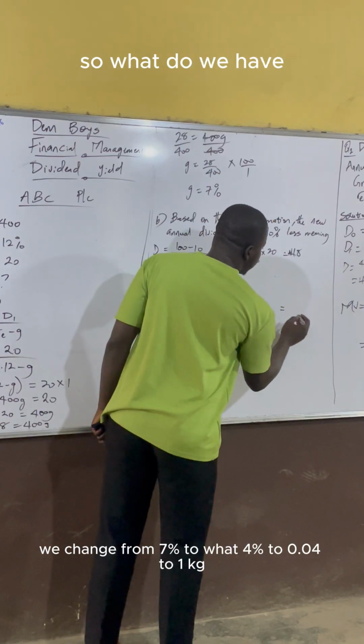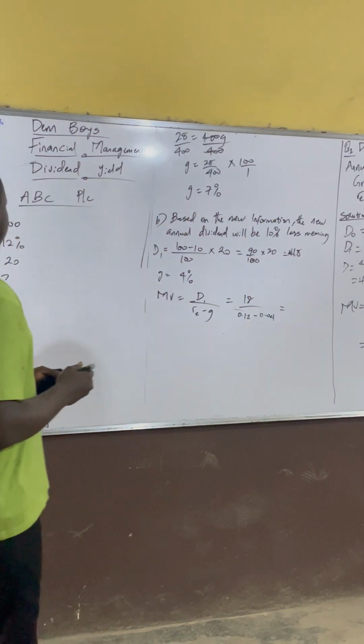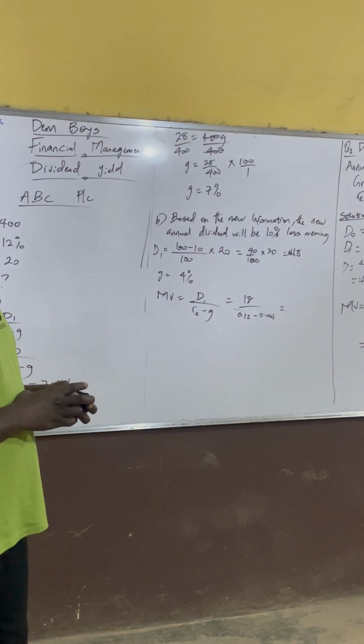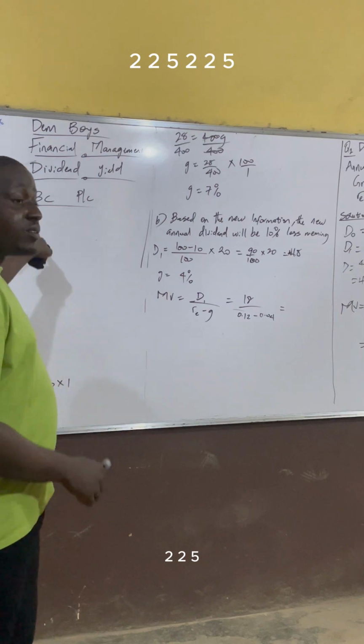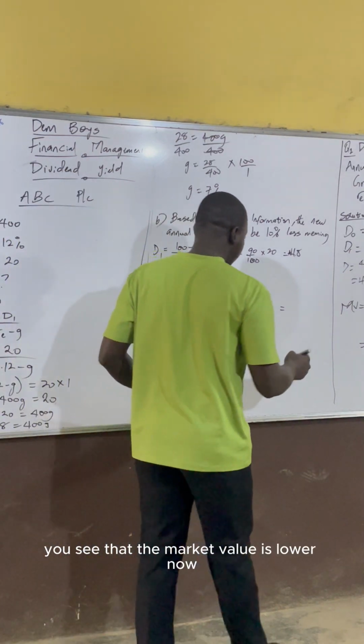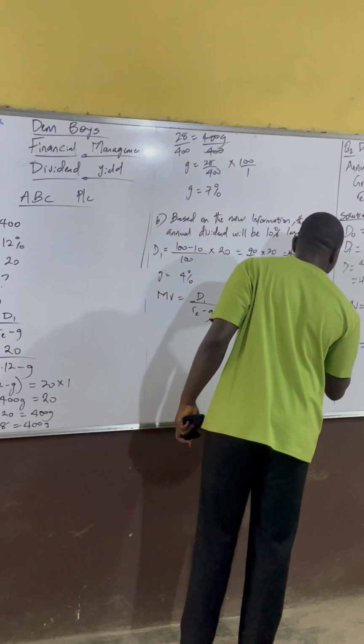So what do we have? 225. You see that the market value is lower now. 225 naira per share.